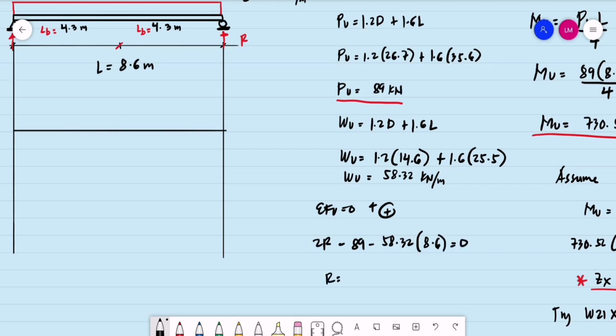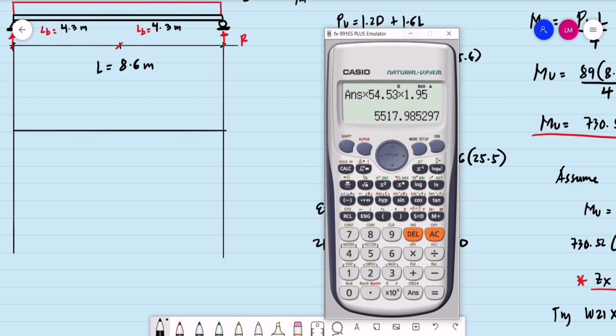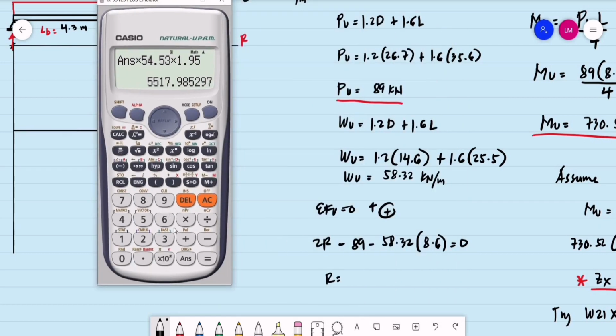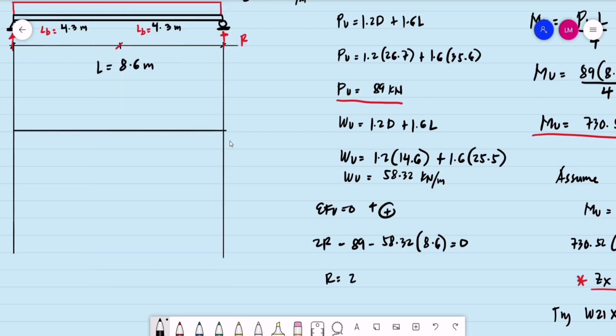So we have the support reaction is now equal to 89 plus 58.32 multiplied by the total length, 8.6, and then to be divided by 2. So let's say our support reaction is equal to 295.276, about 296 kilonewtons.